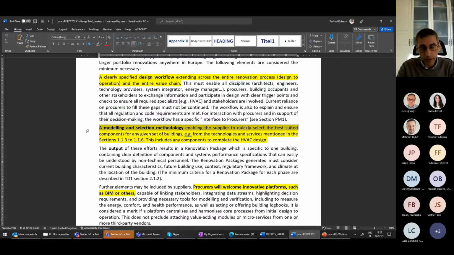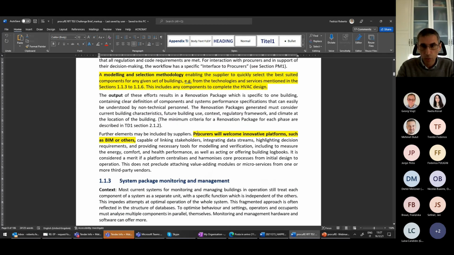And in the end, the procurers welcome the utilization of BIM platforms along the design phase, also as a way to interact and co-design the solution, the system package.